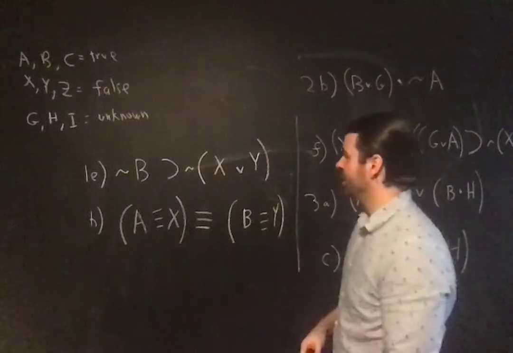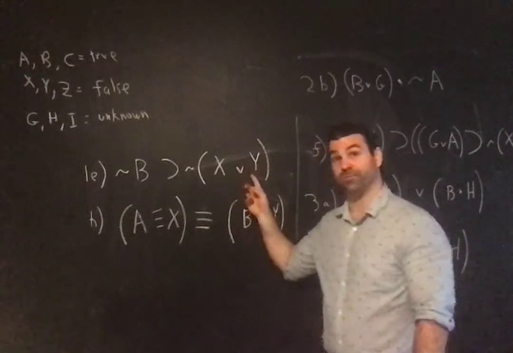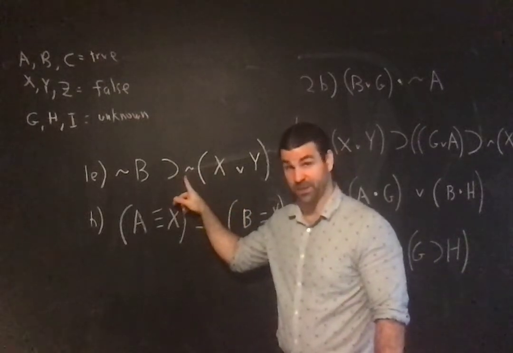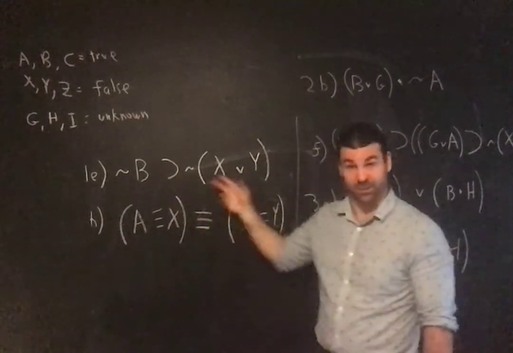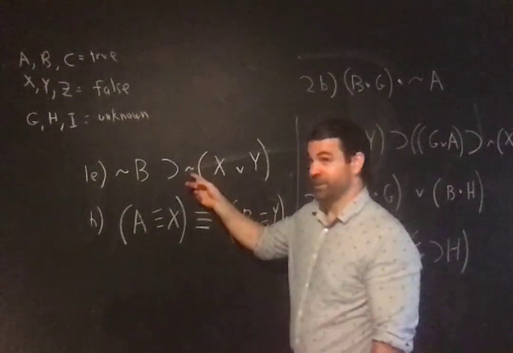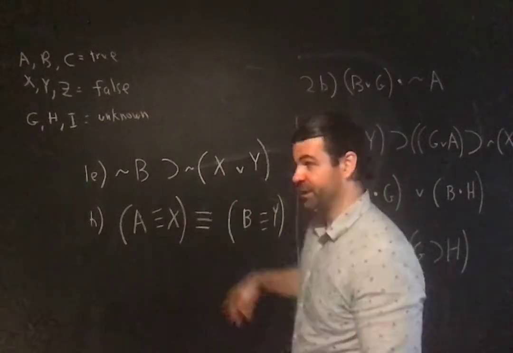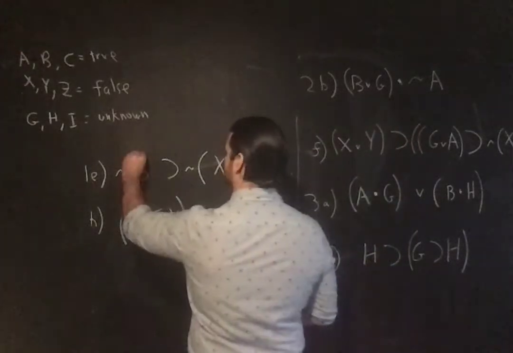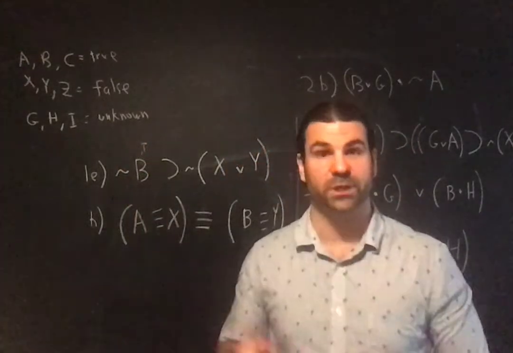The whole thing. Which means I need to determine the truth value of the disjunction to be able to determine the truth value of the negation, because I'm negating the disjunction. I need to know the thing I'm negating before I can know the negation. Here actually, since B is true, I'll also be pointing out the shortcuts.